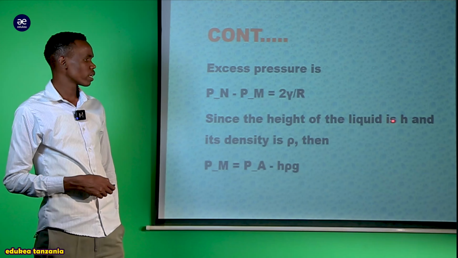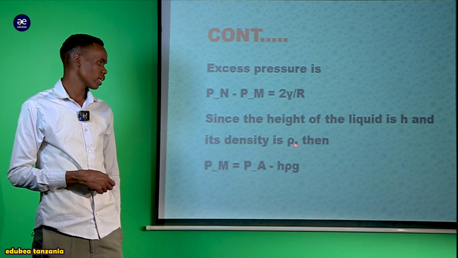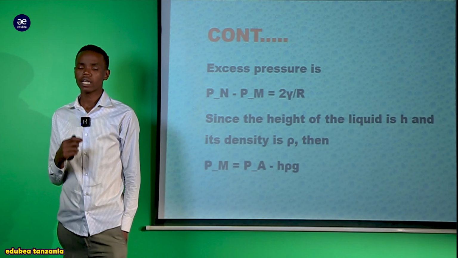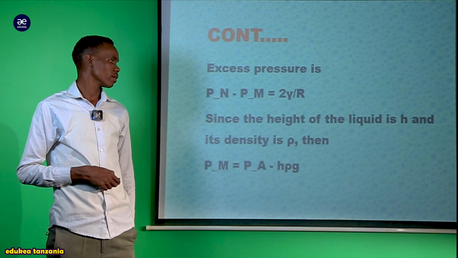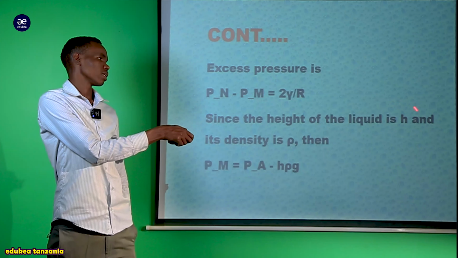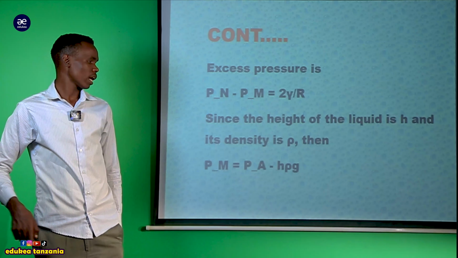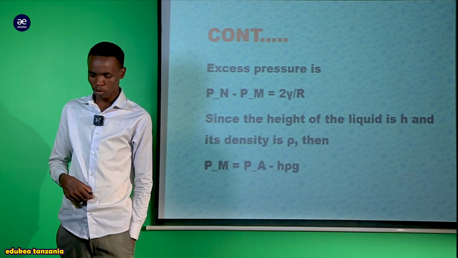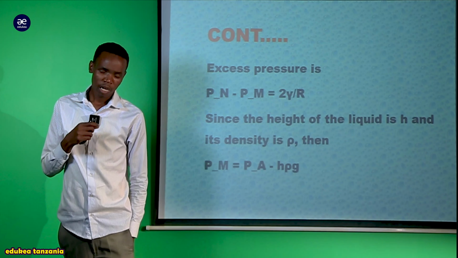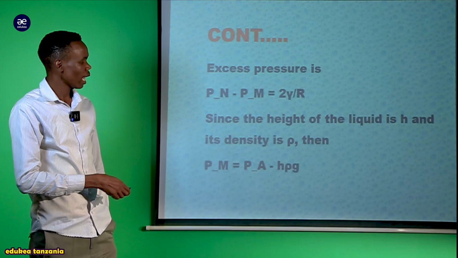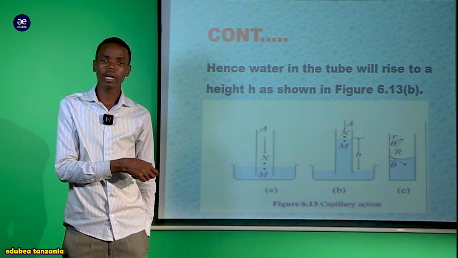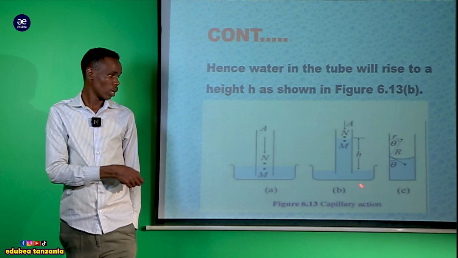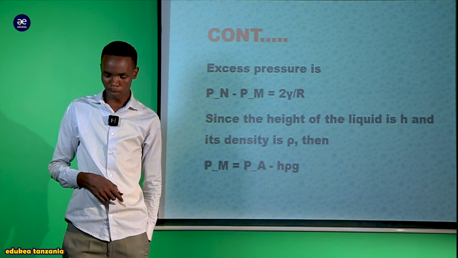So since the height of the liquid is h and its density is this one, the height of the liquid, my dear student, is represented by the letter H as we see here, and the density is represented by this symbol. Now the pressure at point M will be equal to the pressure at point A minus the density times g times h. Here we are talking about figure Roman B, my dear students.